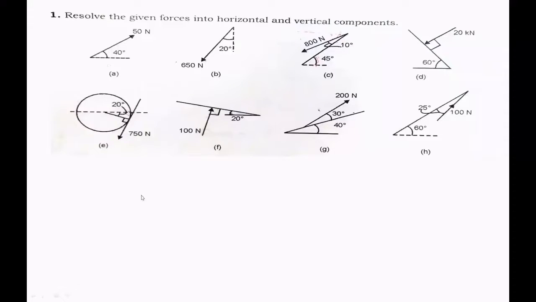So in the A figure, so in this figure, the direction of the force is given. It is 50 Newton. And this angle with respect to this horizontal line, it is 40 degree.